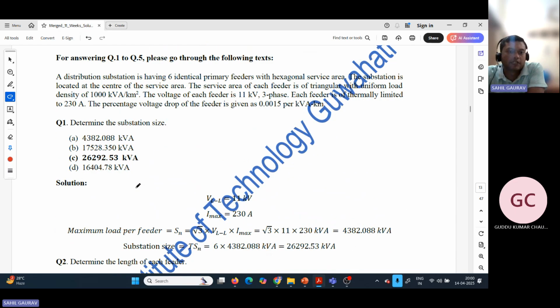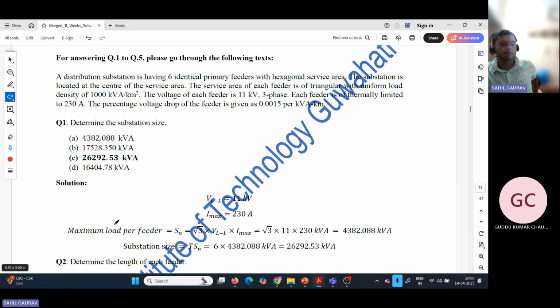So in the first problem, they ask about the substation size. The substation size is C into Sn, and Sn we can find from root 3 VLL into Imax. Imax comes from the thermal limit. I think the thermal limit is given as 230 ampere.